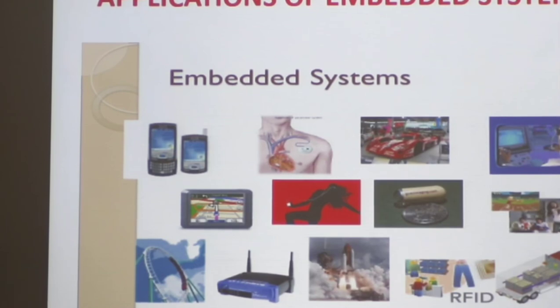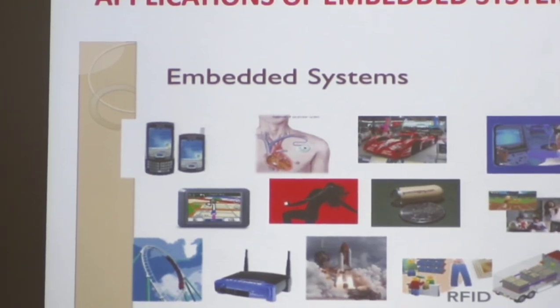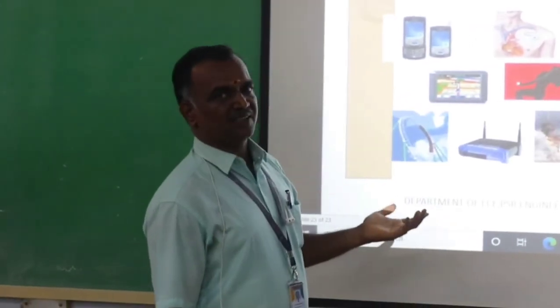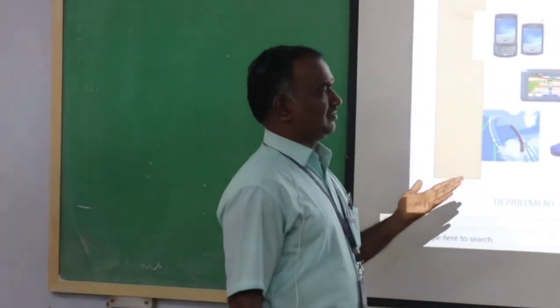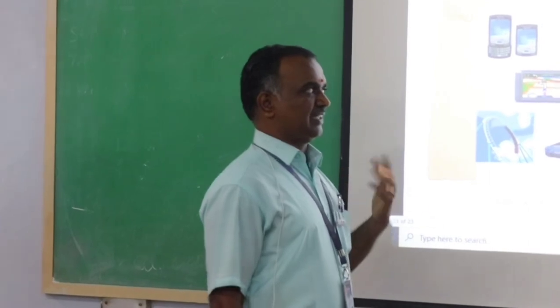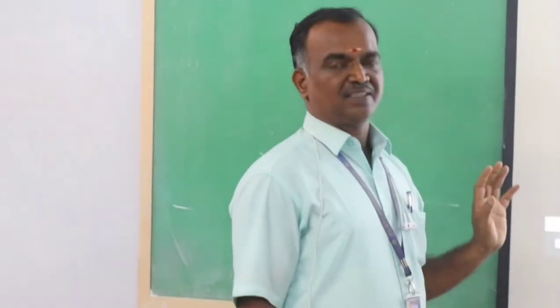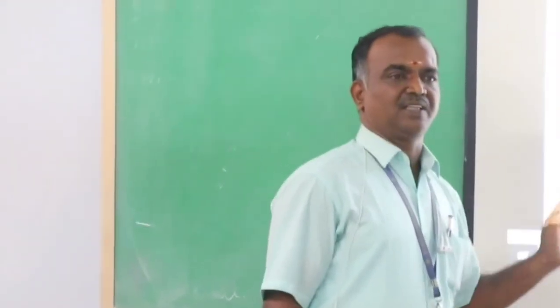For all sophisticated systems, we can use embedded systems in our life. Whatever your inputs or needs may be, we can apply them to our sophisticated life. These are the main applications of embedded systems. Okay, thank you all.